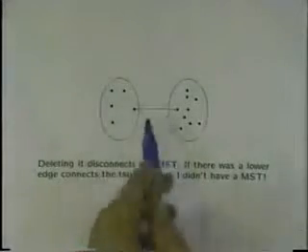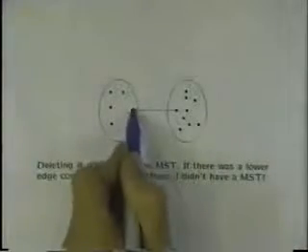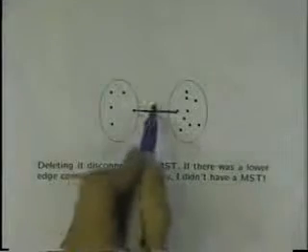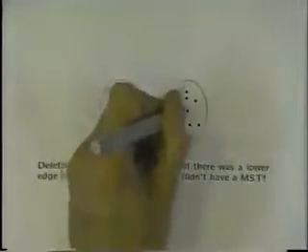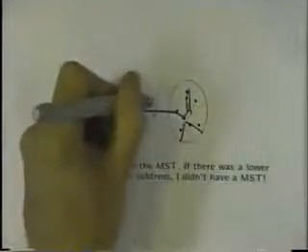Suppose it didn't. Give me a minimum spanning tree. Consider the edge with largest weight in it. If I delete it, that means I'm going to have a spanning tree here and a spanning tree here. If this was the largest weight in my spanning tree, if I delete it, I've got two separate spanning trees.